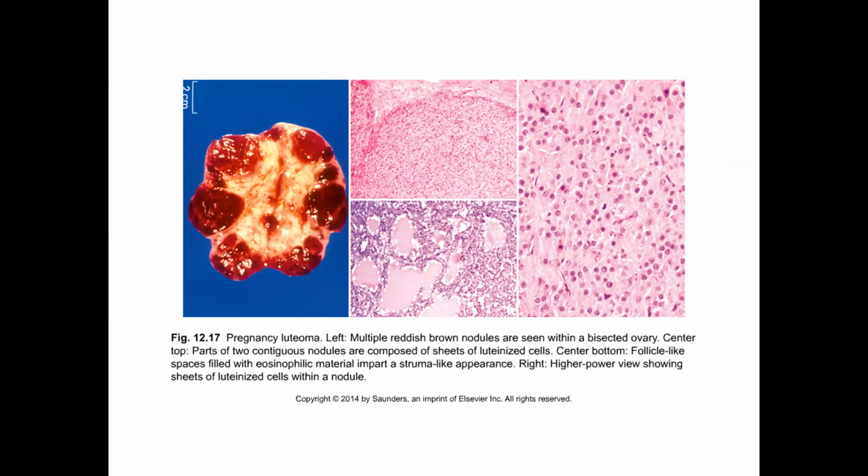During pregnancy, patients, of course, develop a corpus luteum, but on occasion, this process can persist or develop in another setting in which you get multiple luteal nodules, luteinized nodules in the ovary as well.